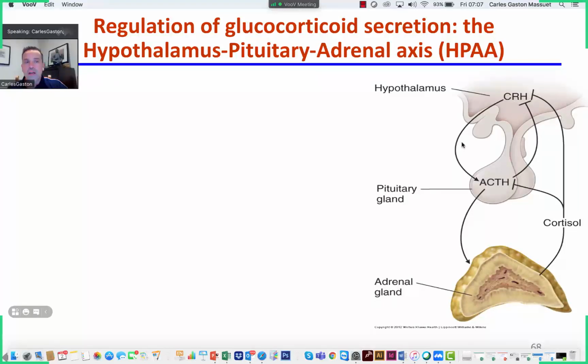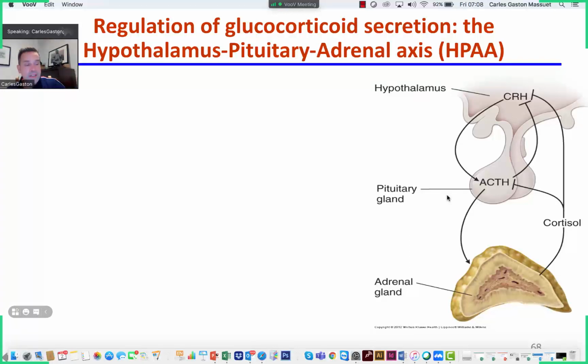Corticotroph releasing hormone activates ACTH in the corticotroph cells of the anterior pituitary. I don't know if you remember, but we explained that this connection between the CRH and ACTH happens through a portal system of blood vessels with a plexus capillary that connects the hypothalamus with the anterior pituitary. Then ACTH is expressed and secreted into the bloodstream.